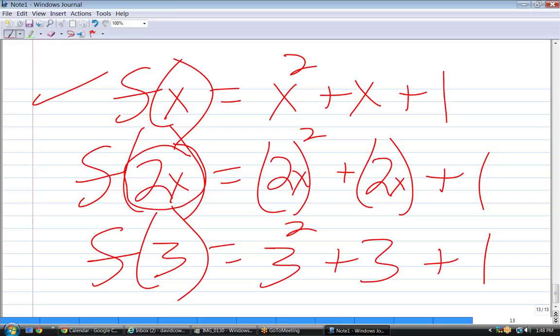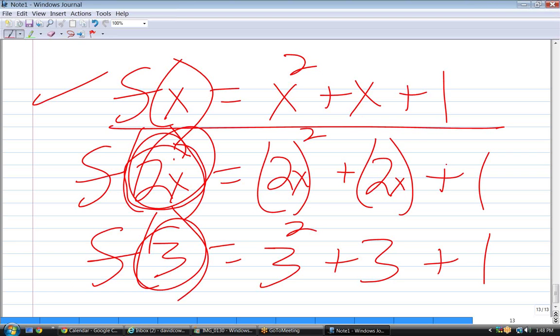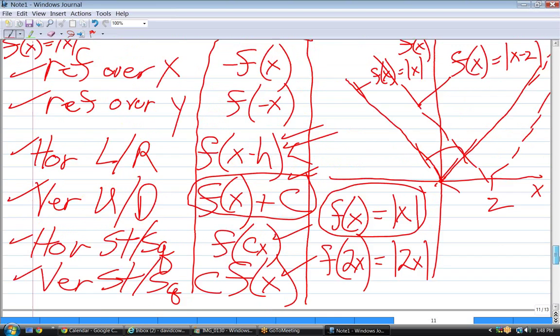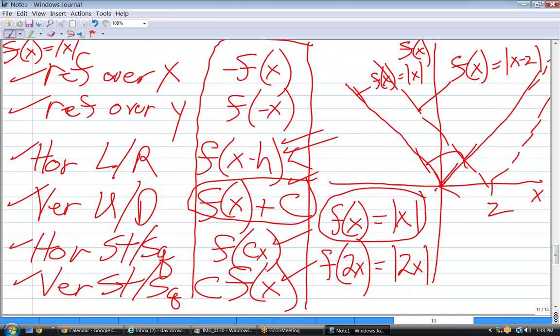That's the beauty of the f of x terminology, is that you can then do things like, well, what is f of 2x? Or f of 3? So all you have to do is plug in whatever is inside the parentheses into x of the original function. So that's what all of these mean on the left.